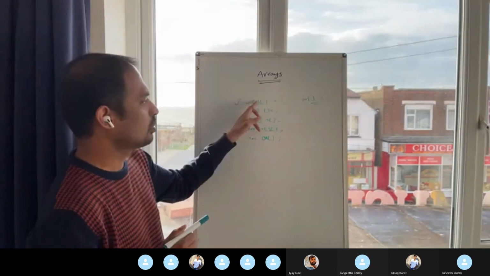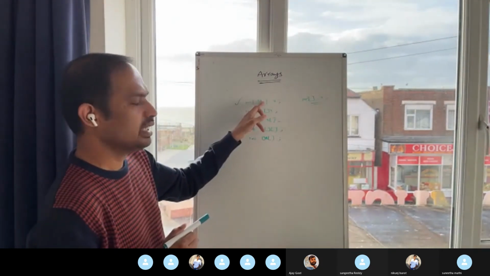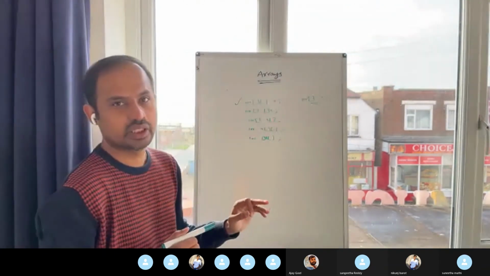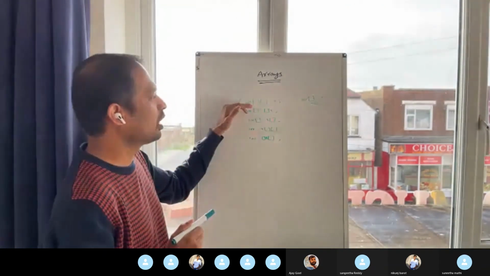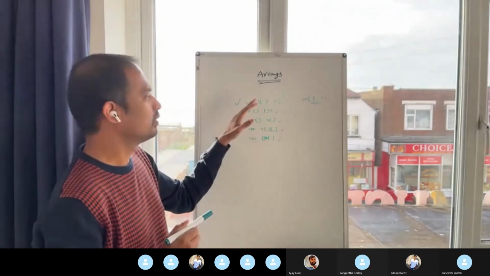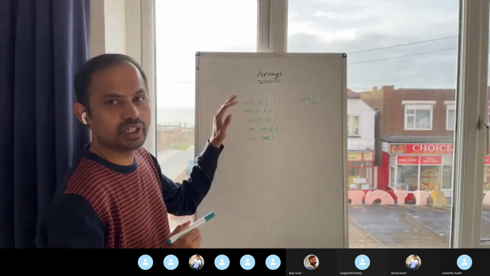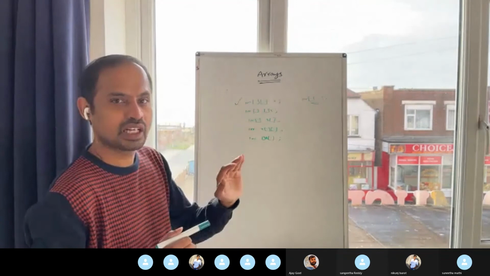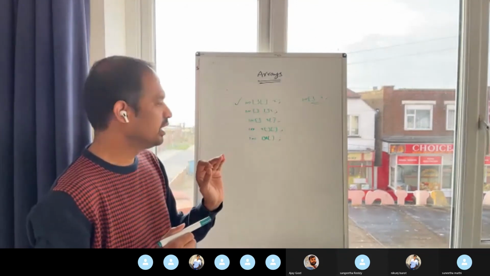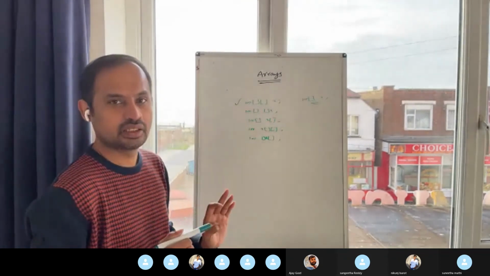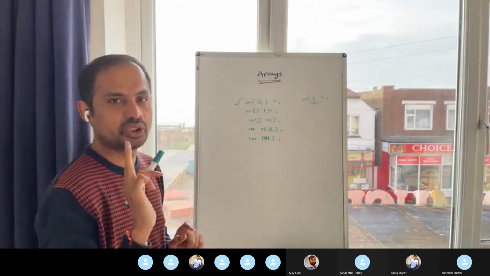We are not supposed to give any size at the time of declaration. Do remember that one. We should not give the size of an array at the time of declaration. At the time of initialization, we definitely need to give the size of an array. You need to remember these 2 points.